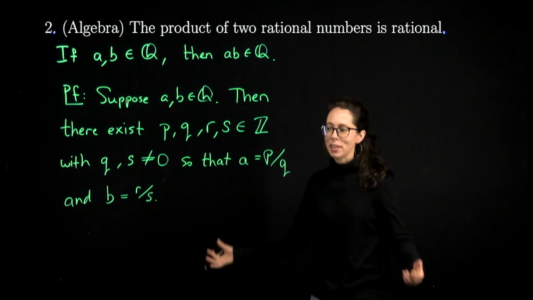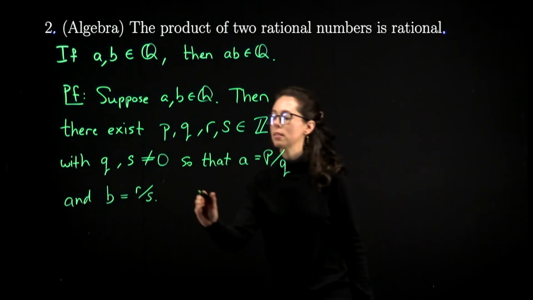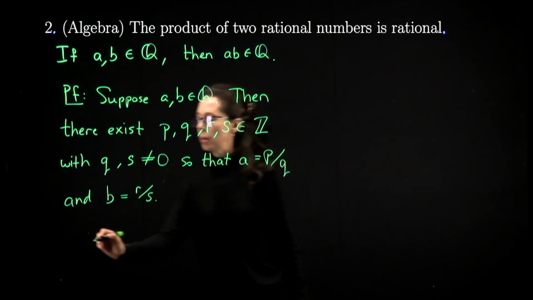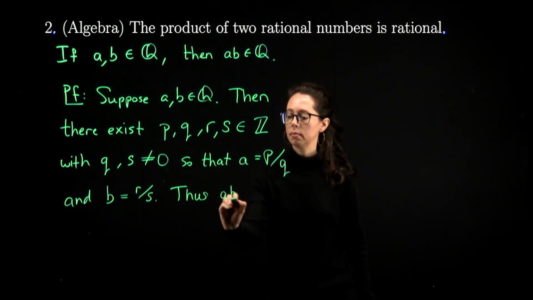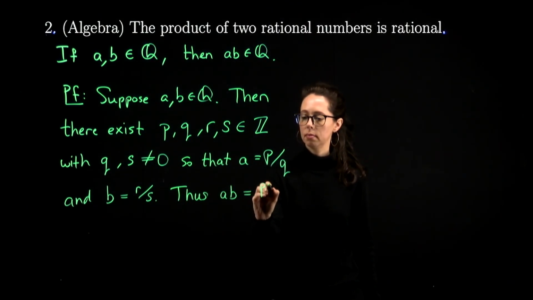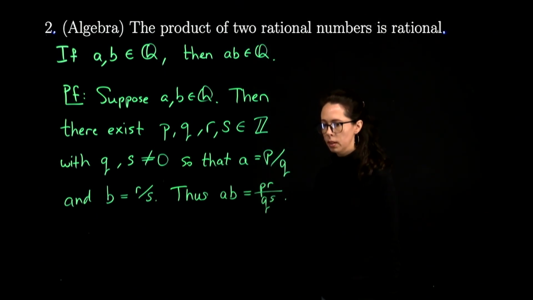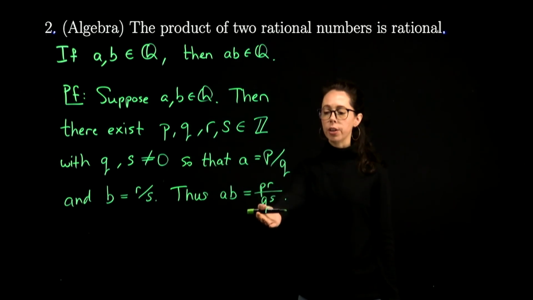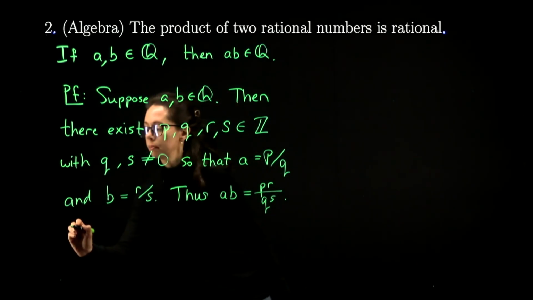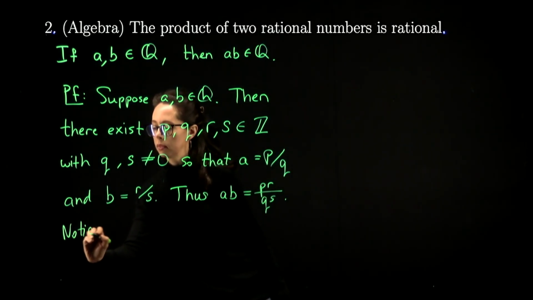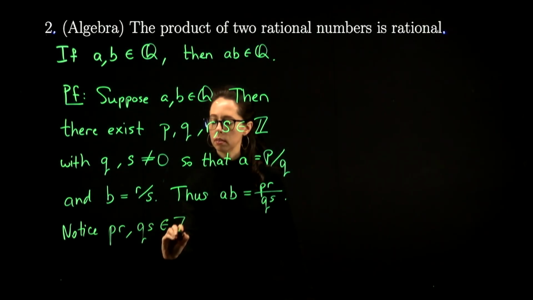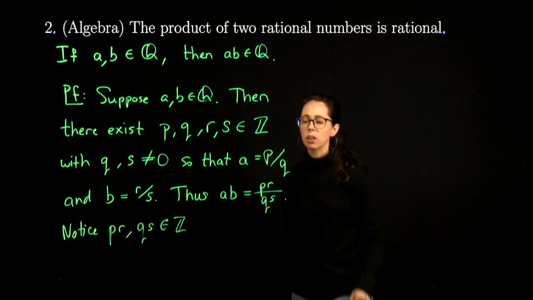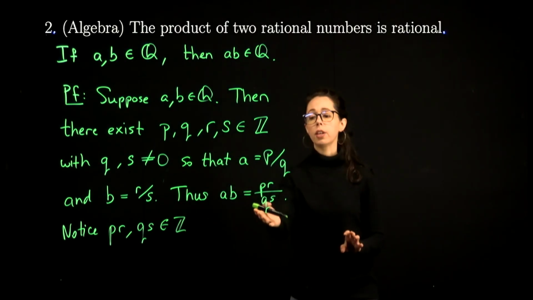Thus, AB is PR over QS. I'll just keep going. Notice PR and QS are integers. And we really need to point out that QS is non-zero.